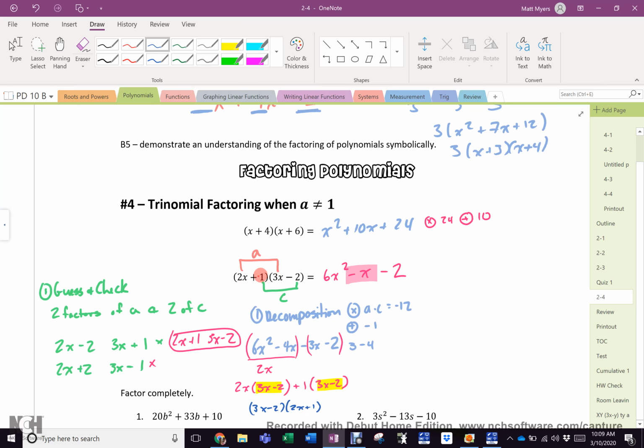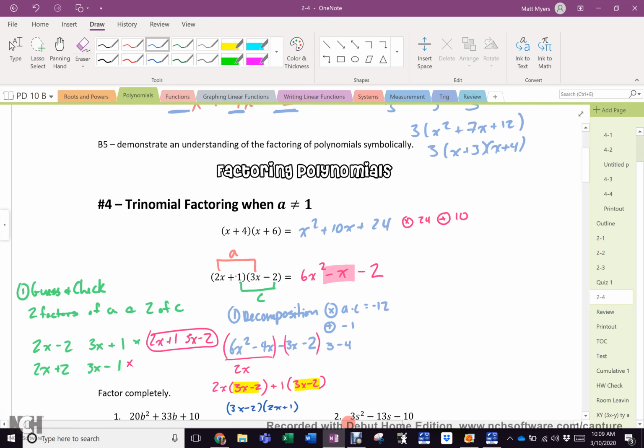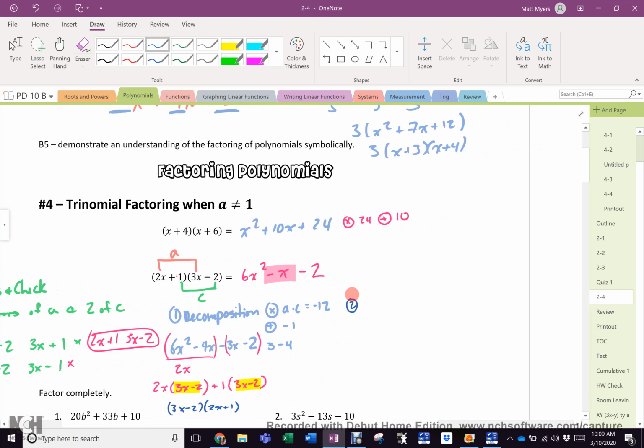There's 2 other methods. The second method, and this is what I use, has a fun name. I hate names like this. Slide and divide. Lame. It starts the same way.